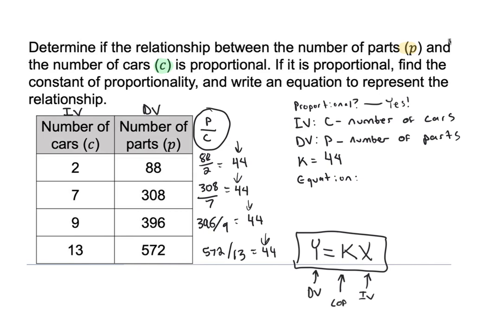We can just fill in what we have. So here, our dependent variable is P. Our k is 44. And our independent variable is C. So now we have an equation, and this equation would read: the parts we need is equal to 44 times the number of cars we have.